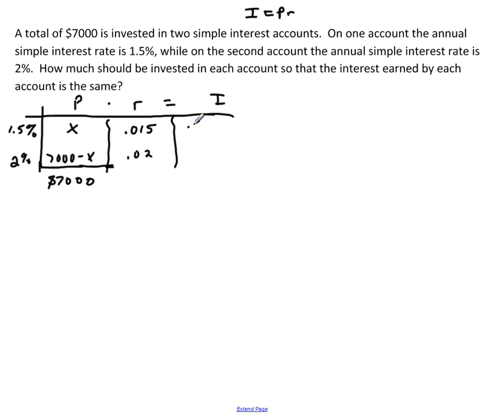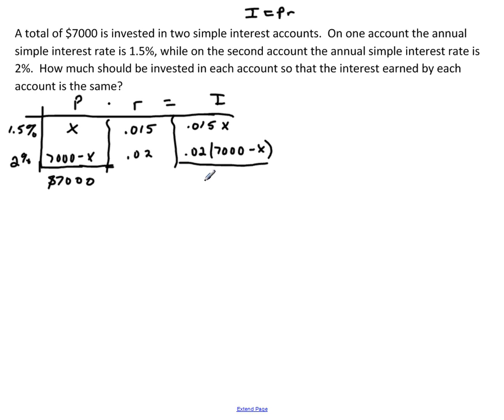So we take 0.015 and multiply that by X to get our interest amount in the first account. We take our rate of 0.02, that's our 2%, times our quantity 7,000 minus X.